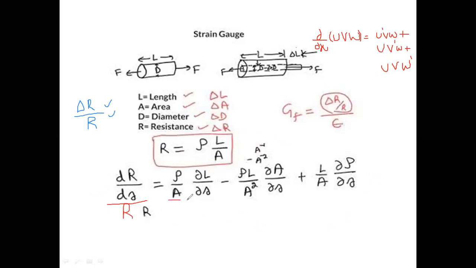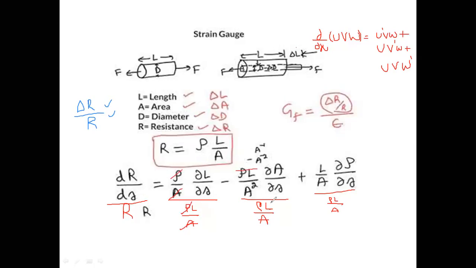Here divided by R means rho L by A. Again here by rho L by A. Again divide here rho L by A. So A gets cancelled, rho gets cancelled.